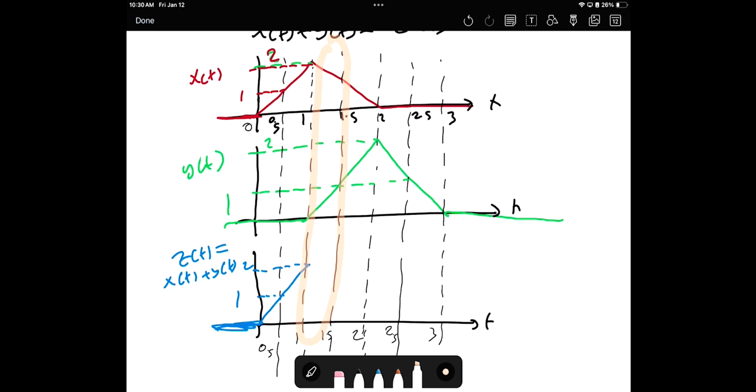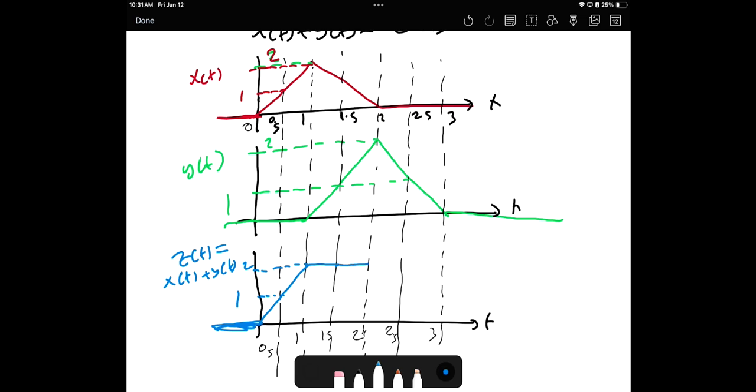So if the slope is -1 and the slope is +1, the total slope is 0, and slope 0 means constant, so it will maintain this value. Then between 1.5 and 2, this goes down, this goes up, so they also cancel each other, the slope will be 0, so it will be maintained constant.